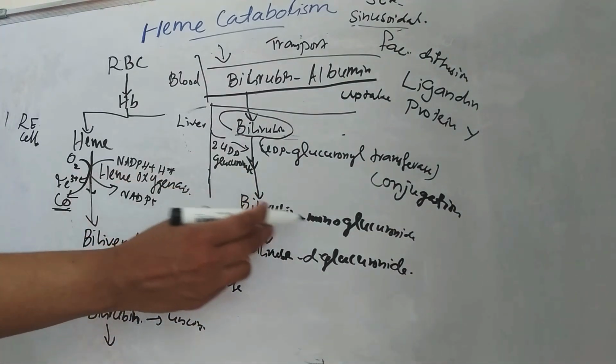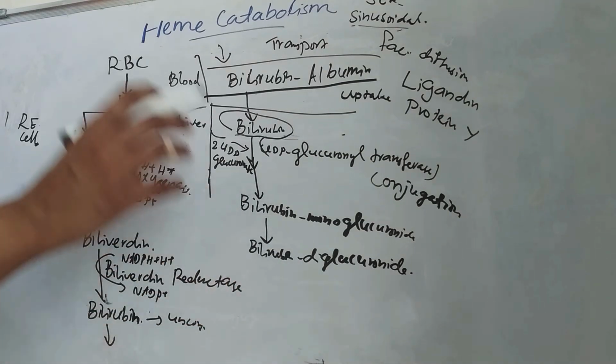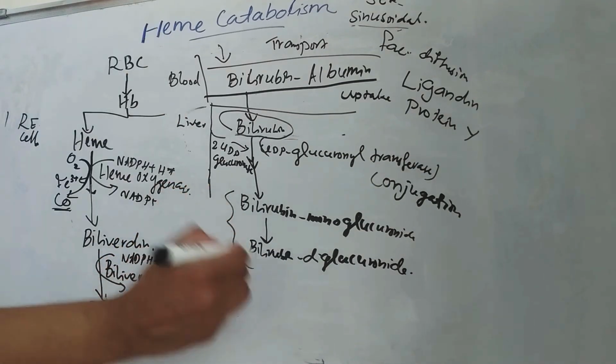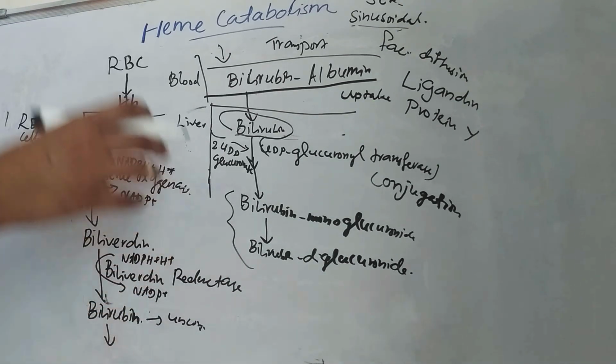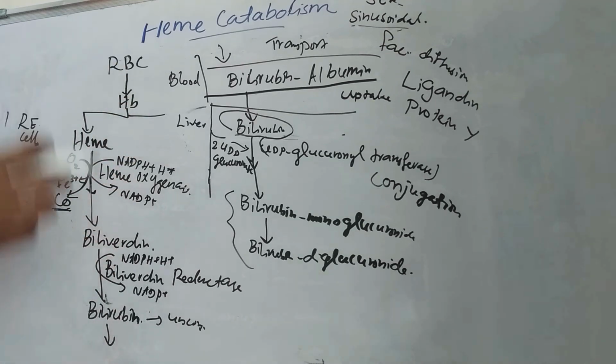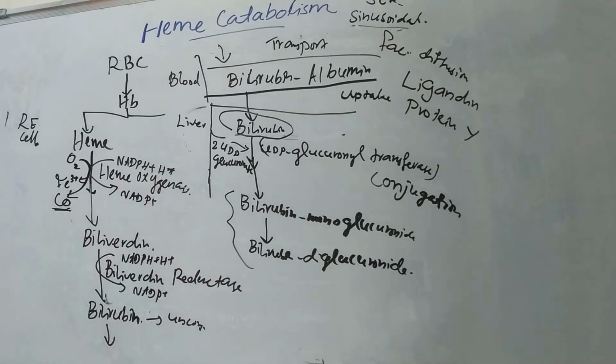These mono and diglucuronides of bilirubin are known as conjugated bilirubins. These conjugated bilirubins are water soluble and smaller in size, because they are not bound to albumin.